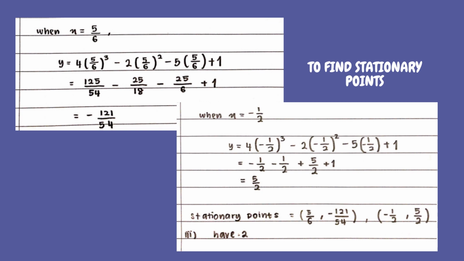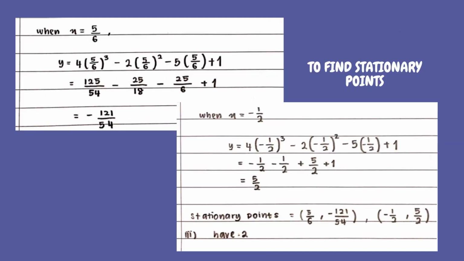It is equals to negative 1 over 2 minus 1 over 2 plus 5 over 2 plus 1. The final answer is 5 over 2. So the stationary points are 5 over 6, negative 121 over 54, and the second one is negative 1 over 2 and 5 over 2.